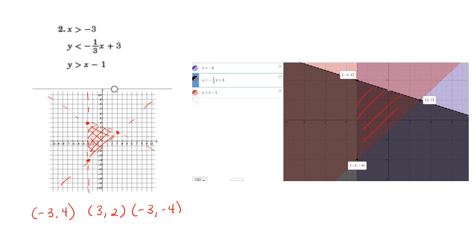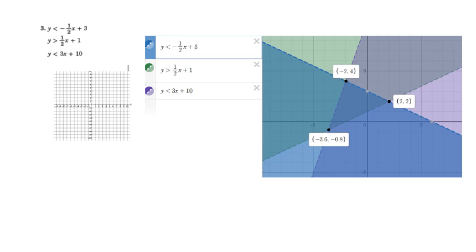One more example. We want the region where y is less than negative 1/2 x plus 3, where y is also greater than 1/2 x plus 1, and also where y is less than 3x plus 10. That's this area right here. I'm going to list out the vertices because that's the point of the assignment, being able to find those vertices.